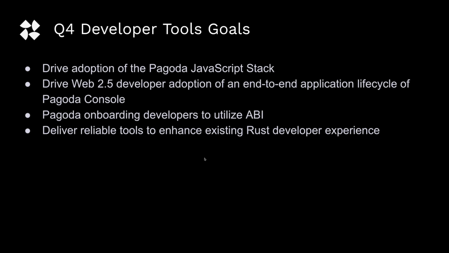The ABI will eventually be able to be generated automatically and be part of Pagoda console, where you can interact with this ABI seamlessly using a web front end. And finally, we're going to be delivering reliable tools to enhance the existing Rust developer experience, and David will share more about that. So here are the 4 high-level team goals for this quarter.